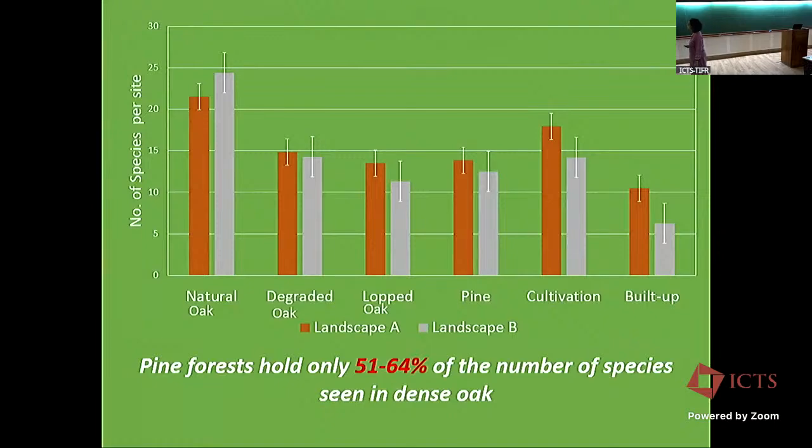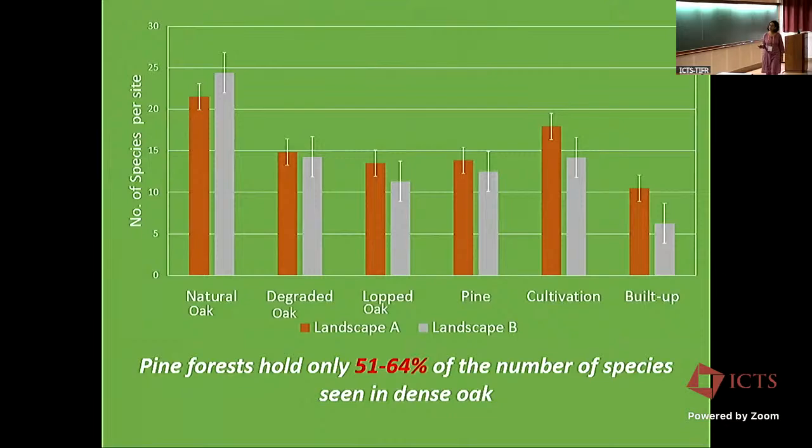Each of these bars, along with the standard error bar, shows you the variation in the number of species per site based on several sites per land use type, right? And there are two landscapes adjoining each other to check if the same pattern holds out between the two landscapes. Okay.